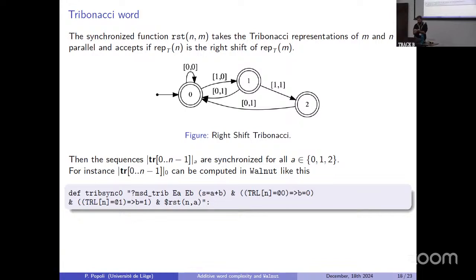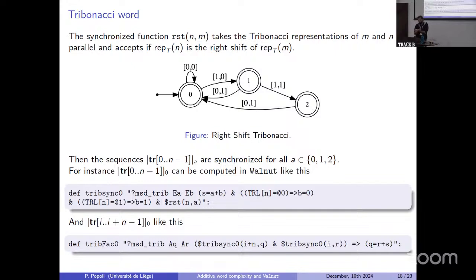For instance, the number of 0 in the prefix of length n in the Fibonacci word can be computed like this. And then after you can compute the number of 0 in any factor, like this. You can subtract, but you can use this little trick too.